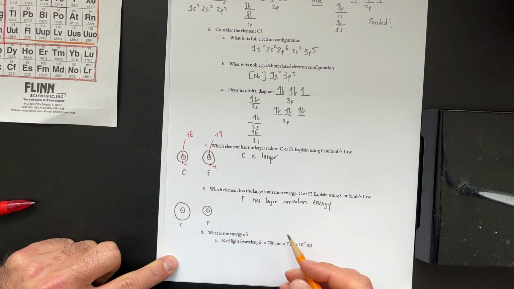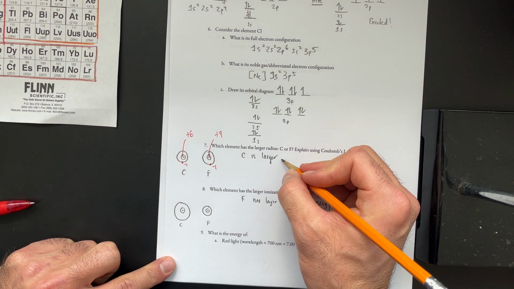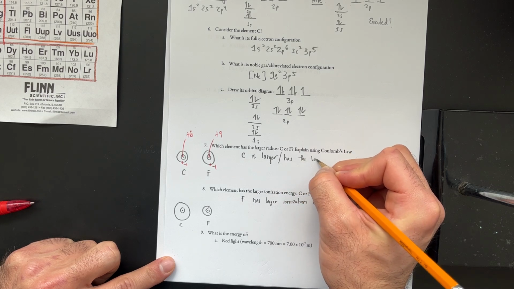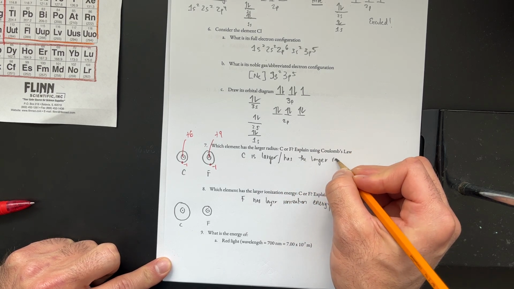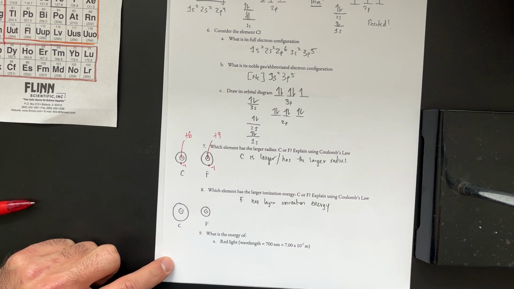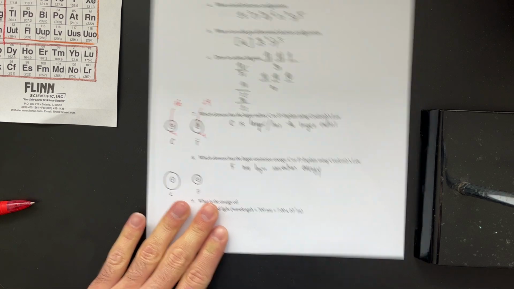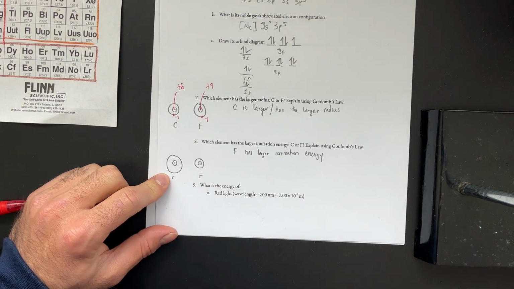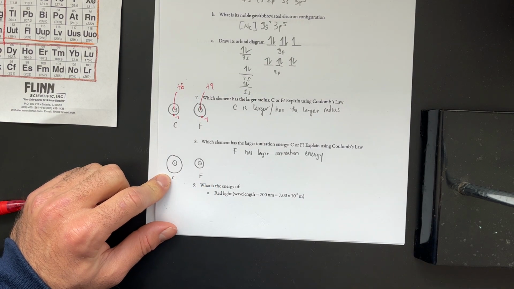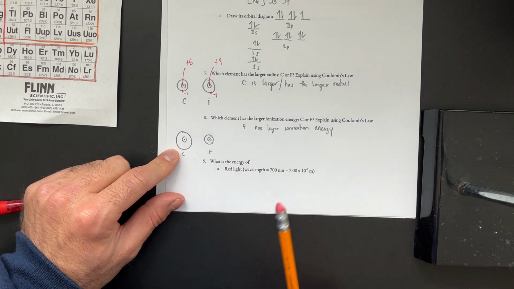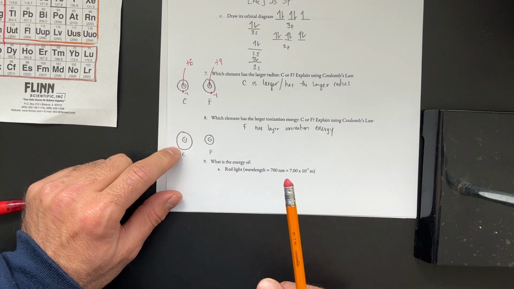And so F has larger ionization energy. C has a larger radius, but it's inversely correlated with ionization energy. Ionization energy for F is going to be larger. Again, I'll write a bigger explanation for your key, but in the interest of making this video short, I'm going to continue on. Okay, so then let's go on to light questions.